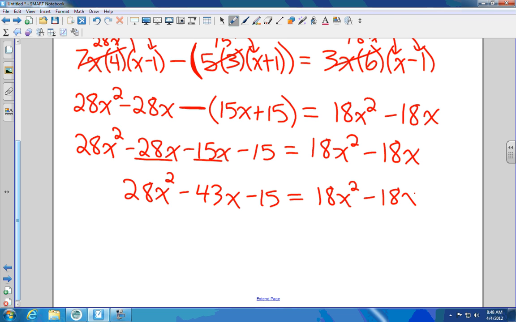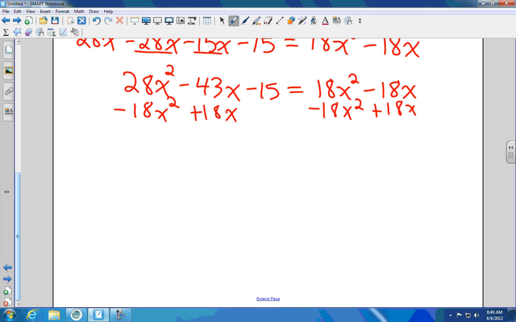We can't combine anything there. So how will we move that negative, or that 18x squared over? Subtract it. And this time I am going to combine. How would we move the 18x over? Add it. And we can do that in the same step.